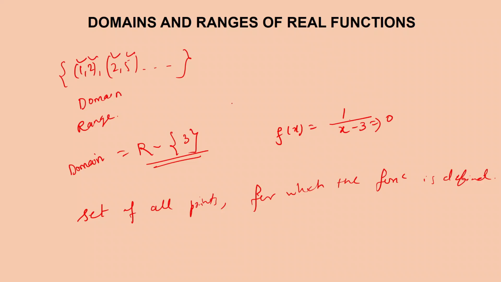So suppose that you plug in some value of x. Say for example, you plug in x is equal to 2. So what you'll be getting as its functional value? You'll be getting 1 upon minus 1, which is minus 1, right?